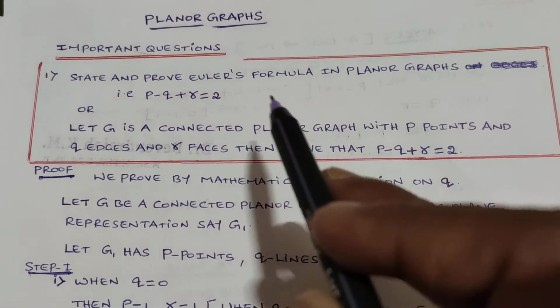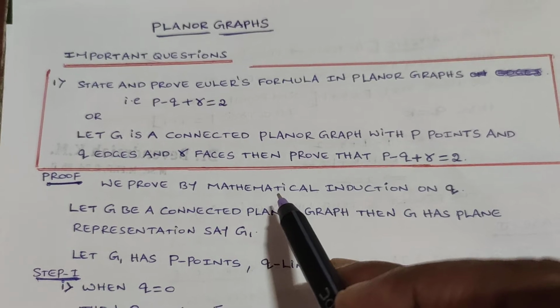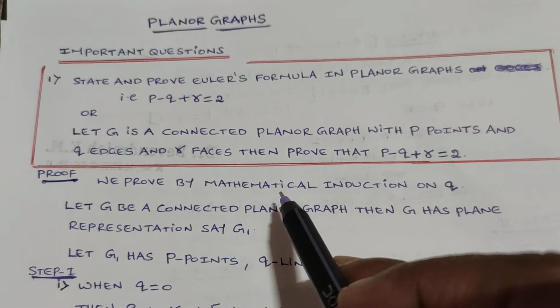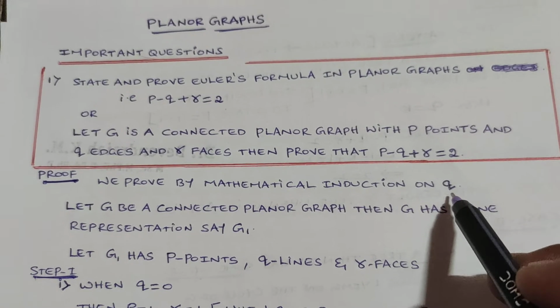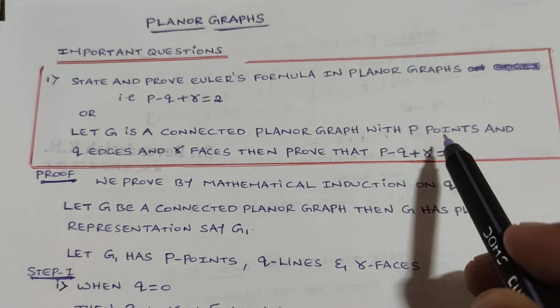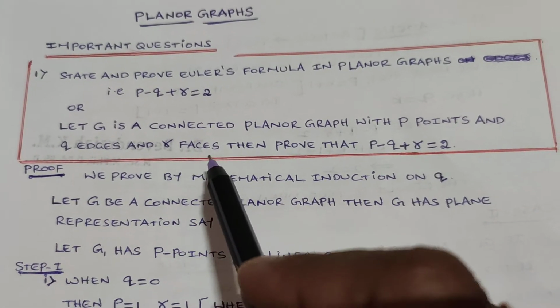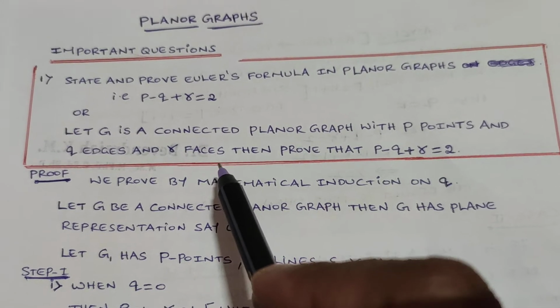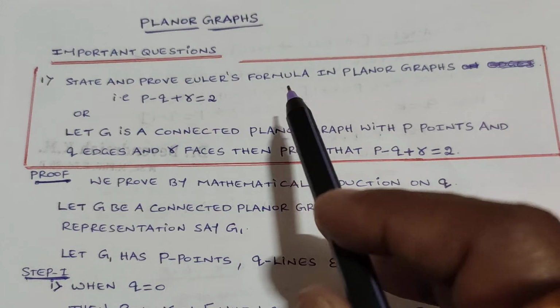Here, for proving Euler's formula, we consider the proof by using mathematical induction on Q. Q here stands for edges, P stands for points or vertices, and R stands for faces.